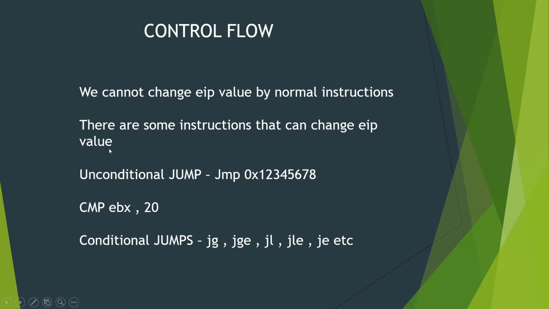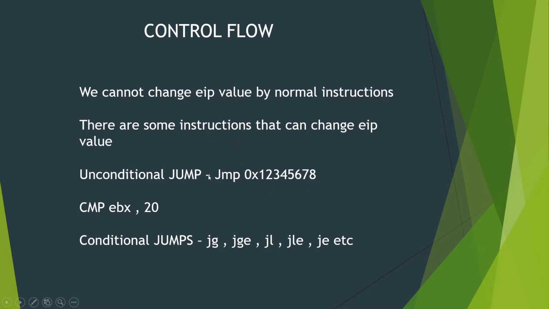Okay, now let's take a look at those instructions, and these are divided into two types: unconditional jumps and conditional jumps. Unconditional jump means the program flow jumps from a particular point to another point, whatever the condition may be. The syntax is jump space address.